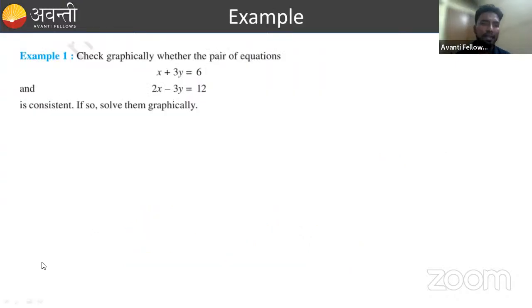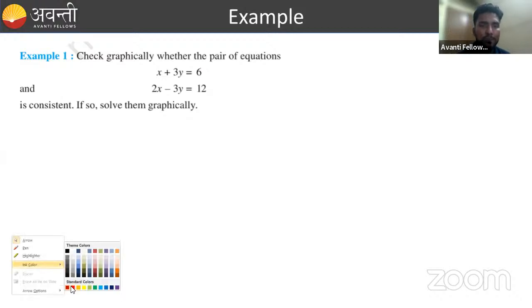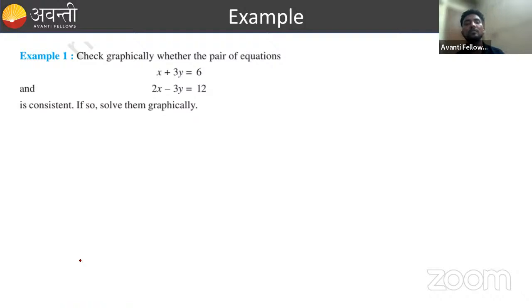Okay, so can anybody tell me whether this is a consistent solution or inconsistent solution? Can anybody tell me? Just write like this. And this is 2x minus 3y minus 12 is equal to 0.